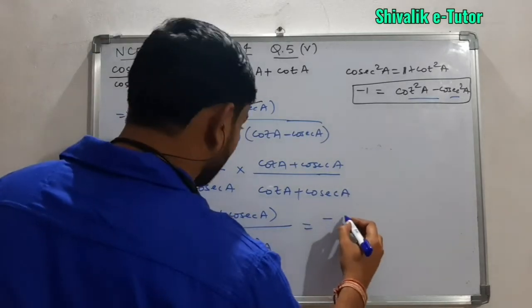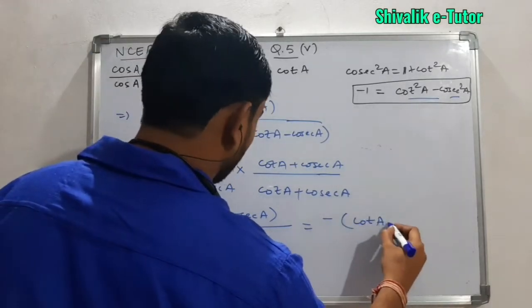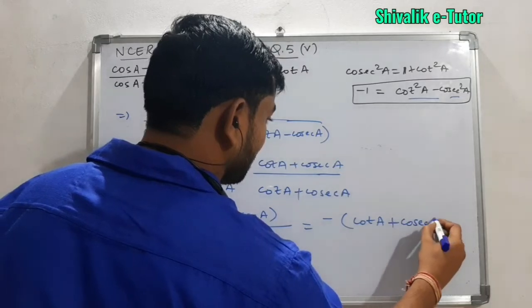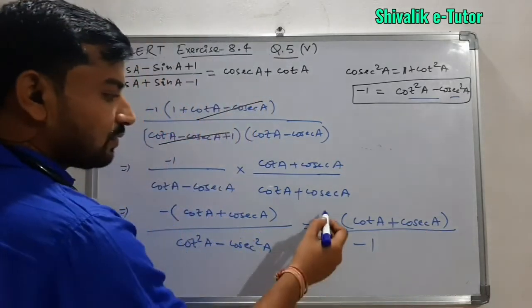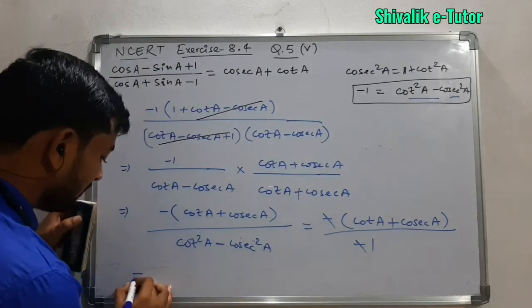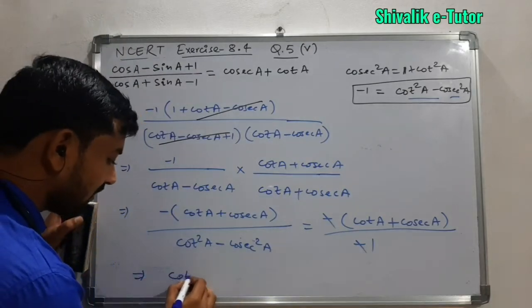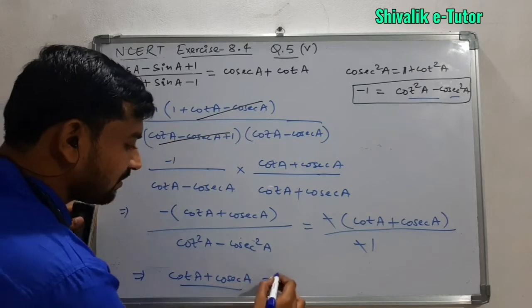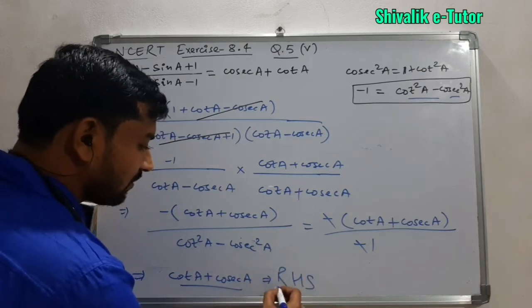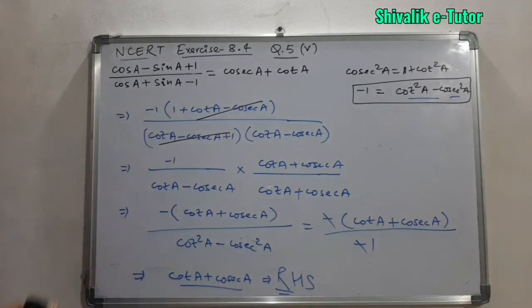So this will be written as minus of cot A plus cosec A upon minus 1. So this minus and minus will be cancelled. So the final result which we are getting here is cot A plus cosec A, and this is nothing but your RHS. So this is how we solve this question.